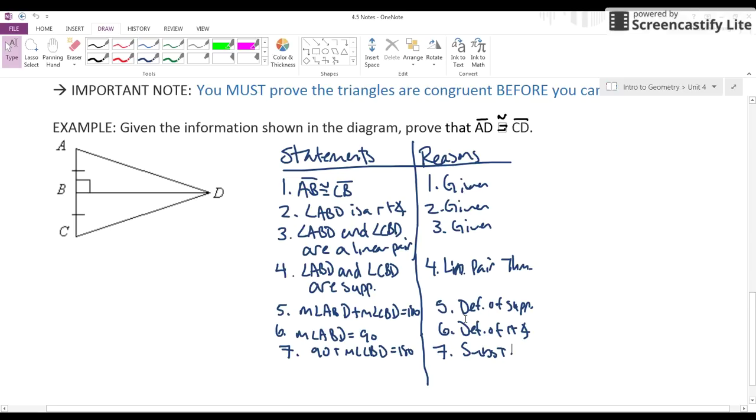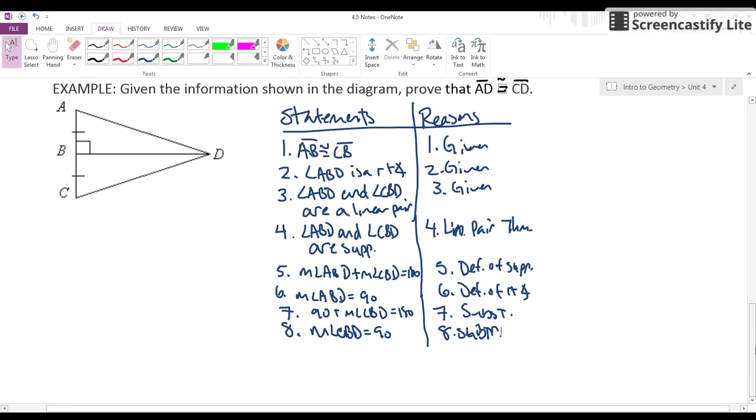All right, and then I can go ahead and subtract, step 8, and say that the measure of angle CBD is 90. It's getting really messy. So that's subtraction and above is substitution. And let me scroll down to get some more space. So again, subtraction property of equality.